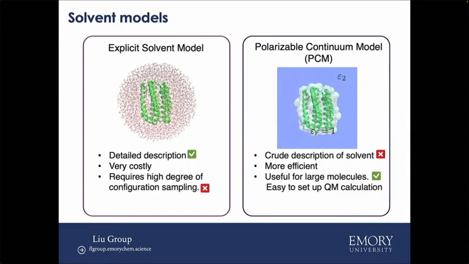Ideally, for the purpose of generating high-quality data sets, we would like to have both high accuracy and efficiency. However, as we can see, neither the explicit solvent model nor the implicit solvent model can satisfy both. So the aim of my group is to tackle the challenges here and make it easier for us to generate high-quality data sets for solvated molecules.